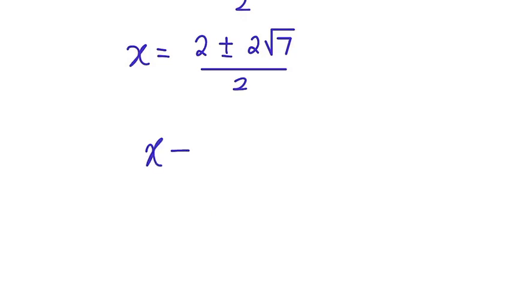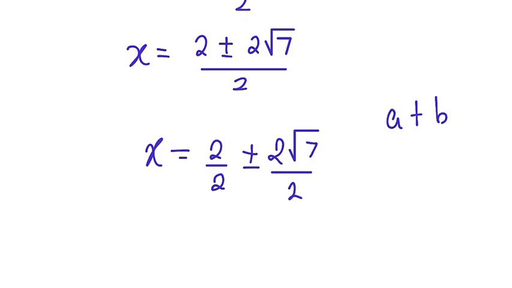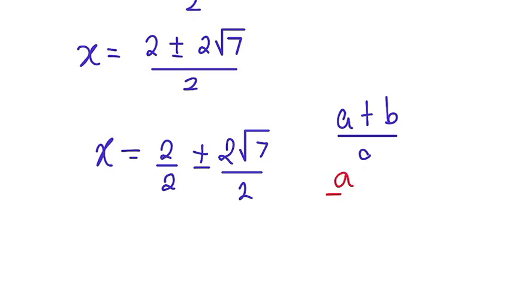Then we have x equals 2 divided by 2 plus or minus 2 root 7 divided by 2, because when you have a plus b all over c, this is going to be a over c and b over c, since they have a common denominator. So that is what we did here.